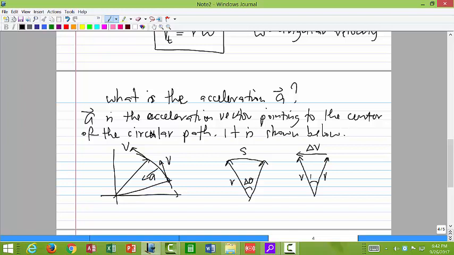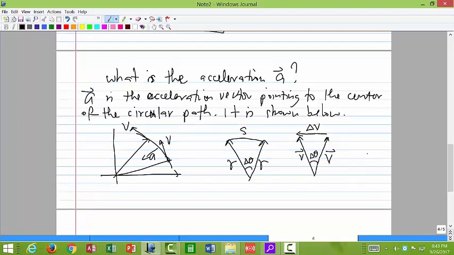This angle is delta theta also. What we are doing is just showing you the similar triangles involved. Let me rewrite these so they look like r's, radius r. So this is S, and this delta R is the difference between the two position vectors shown there.